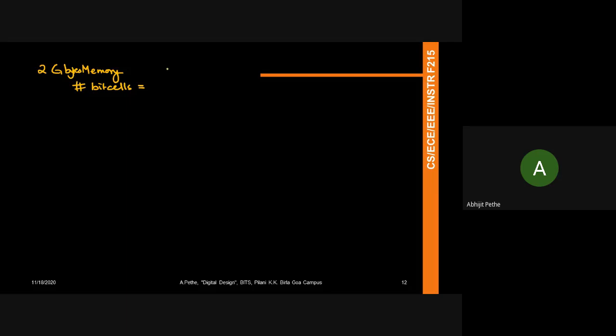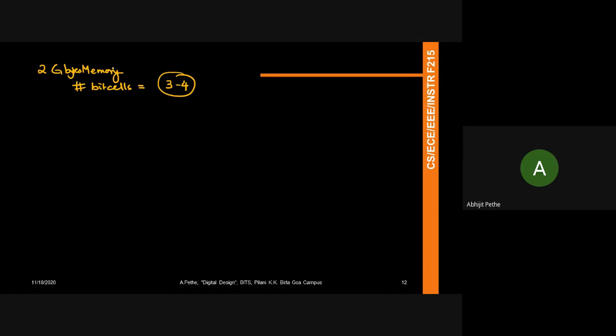So what normally happens when you buy memories is that the number of bit cells we manufacture will almost be 3 to 4 times what the memory is targeted at. So when you buy a memory, the chip actually has up to 4 or 5 gigabytes of raw memory, right? The reason we do that is that memory, because it's a very device-intensive process, has a lot of failing cells.